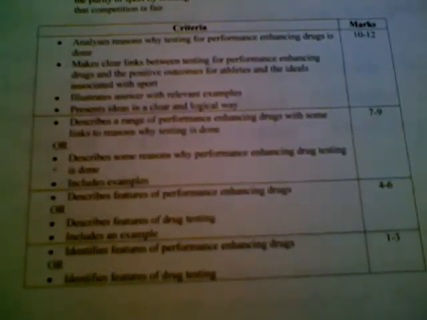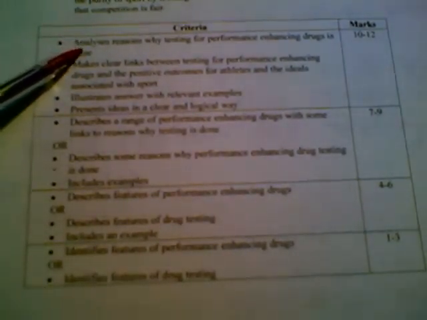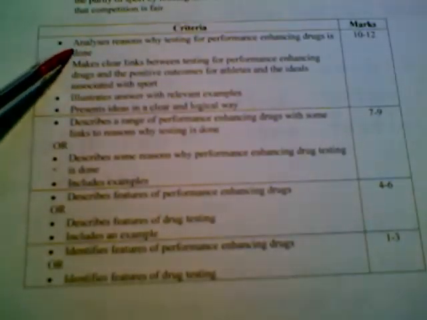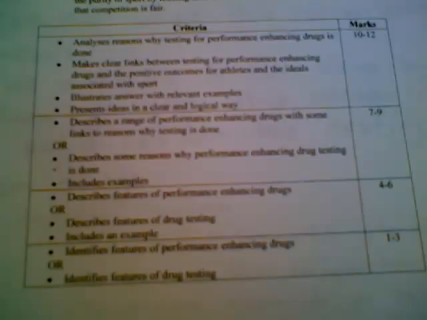You can see here, we've got some suggested answers, which I'll examine in a minute. But let's just have a look at the actual table. Again, the vital part of this question is the analysis. For you to get the full 12 out of 12, you need to analyse reasons why testing for performance-enhancing drugs is done.